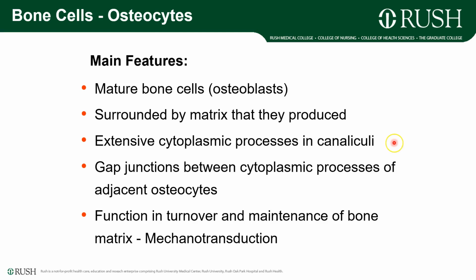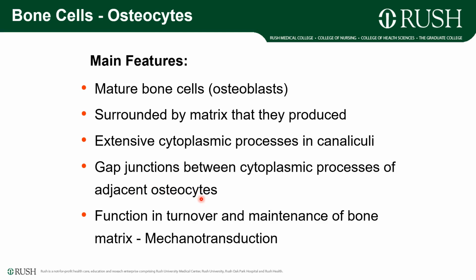If adjacent cells have these processes, they effectively talk to each other by joining together with gap junctions. So that's how the osteocytes are able to communicate with each other through the mineralized matrix.